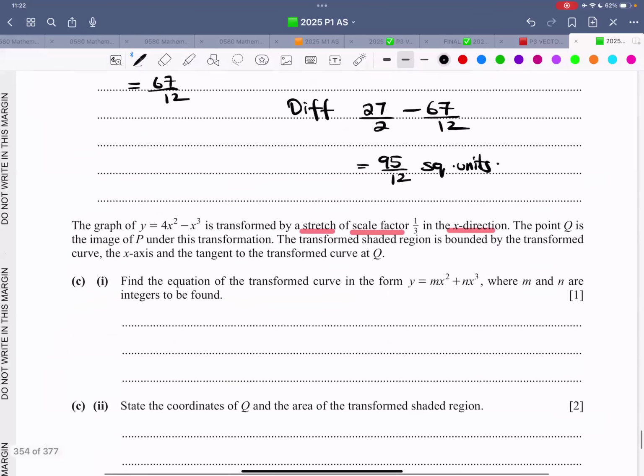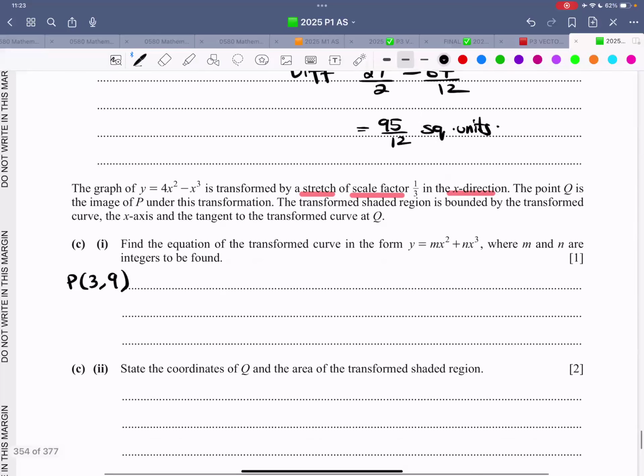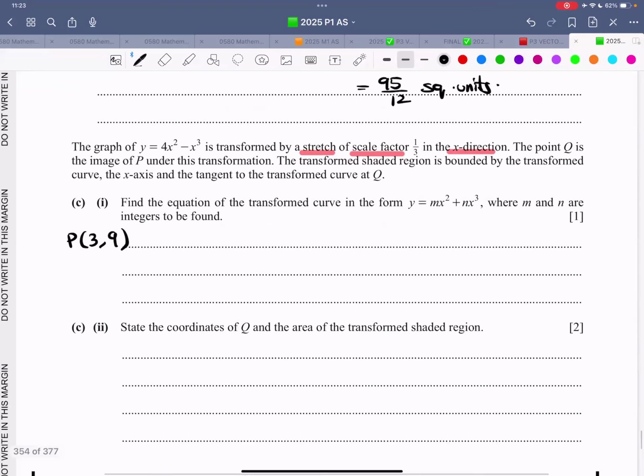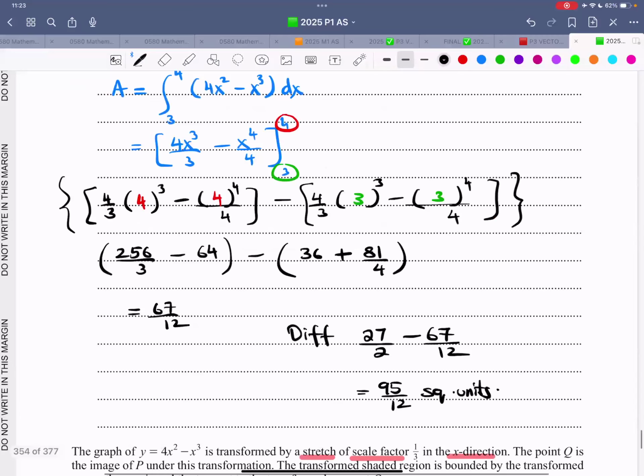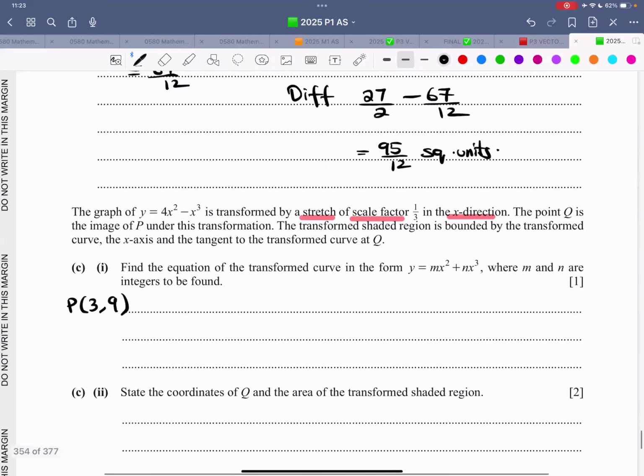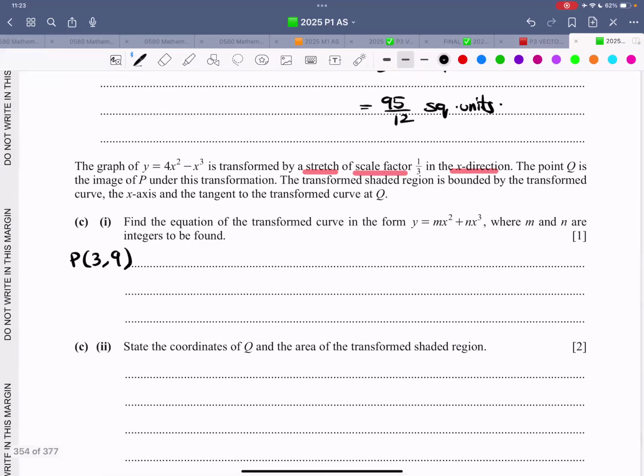The transformed shaded region is bounded by the transformed curve, the x-axis, and tangent to the transformed curve. Find the equation of the transformed curve in the form where m and n are integers to be found. State the coordinates of Q and the area of this thing. So now this is 95 over 12.